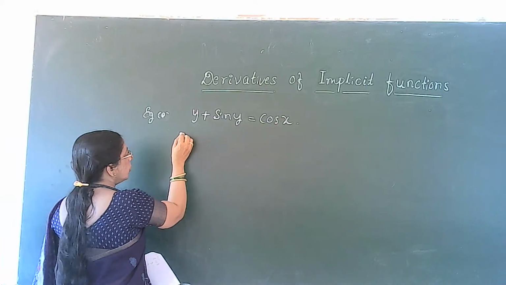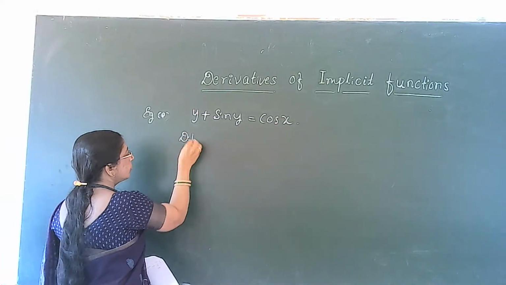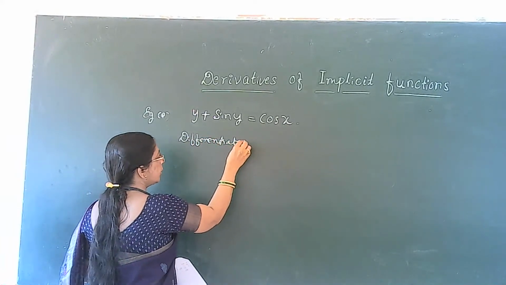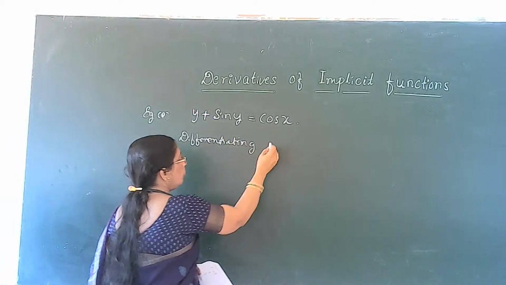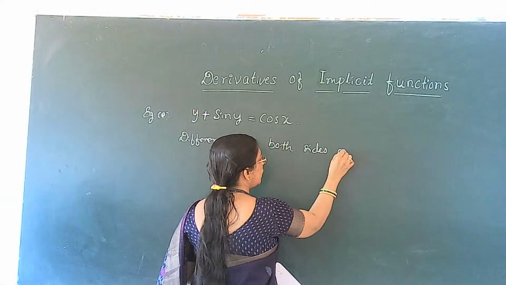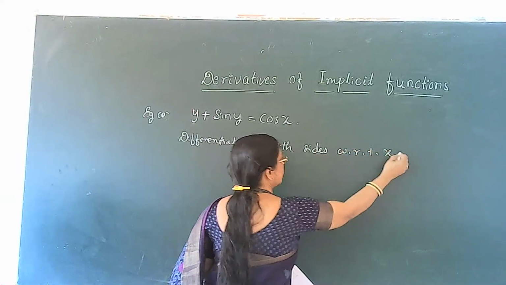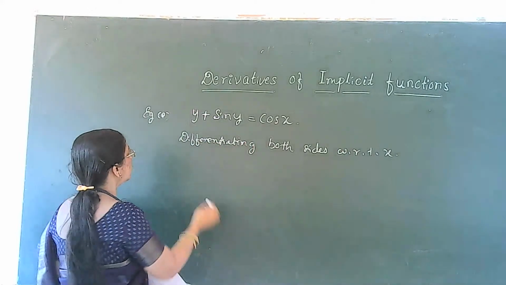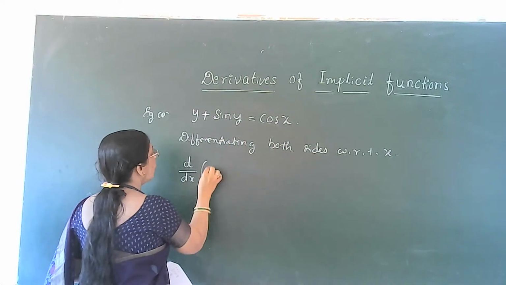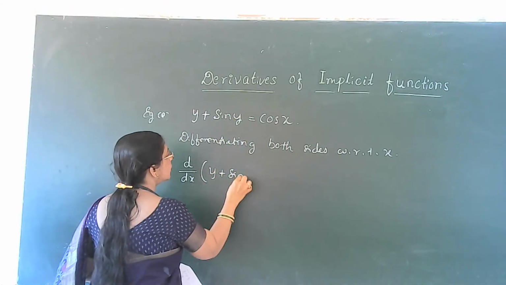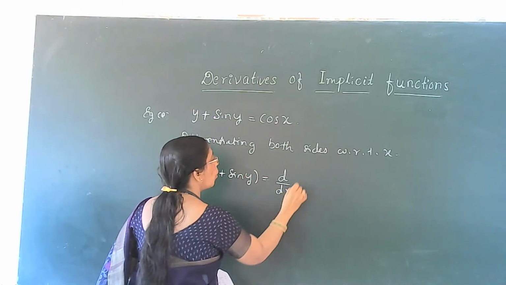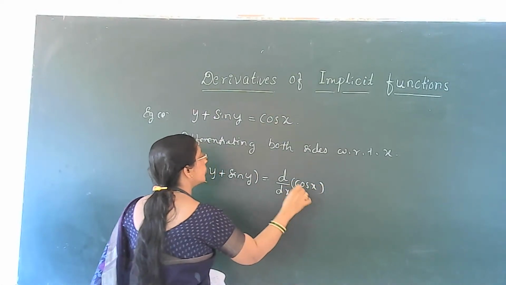Here we differentiate both sides with respect to x. d by dx of y plus sin y is equal to d by dx of cos x.